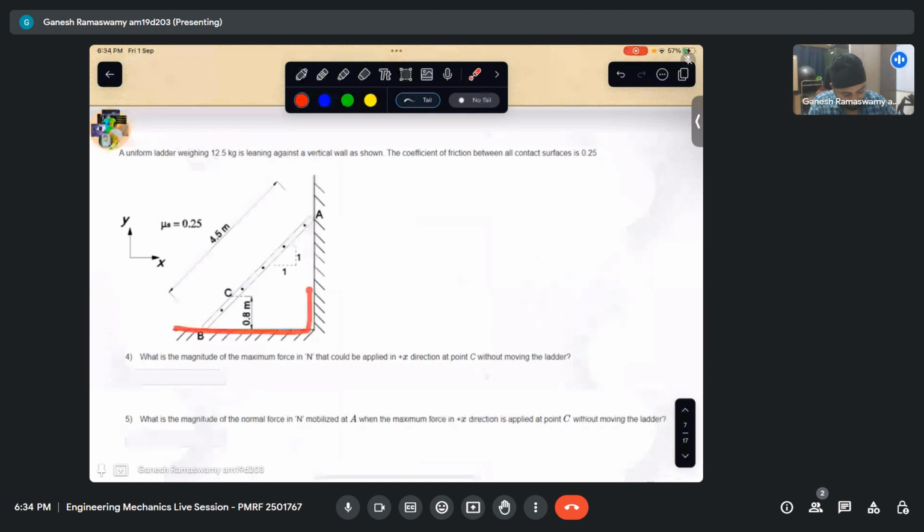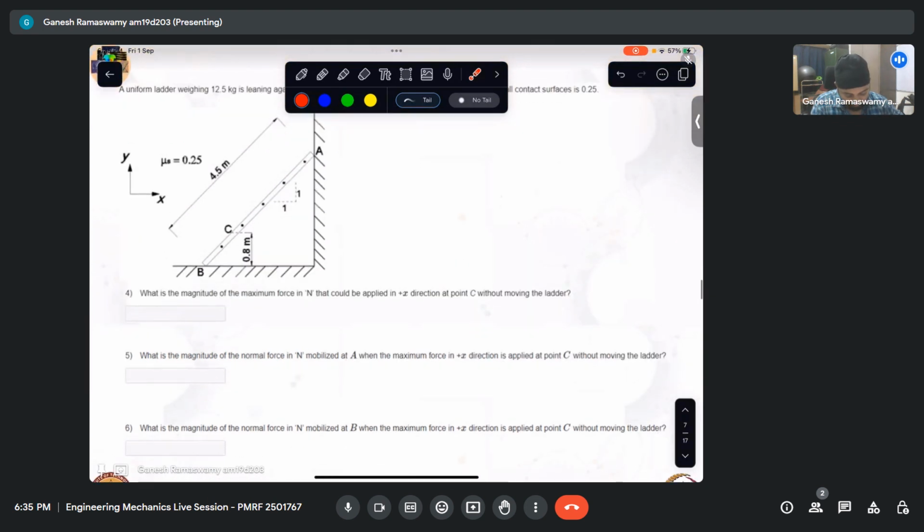So this ladder has a point of contact at A, then a point of contact at B, and it is leaning against this wall, which is 4.5 meters. This slope is given to be 1 and 1, which implies that this angle is 45 degrees. Mu s is given to be 0.25. And then the coefficient of friction for all the contact surfaces is 0.25 is what is given.